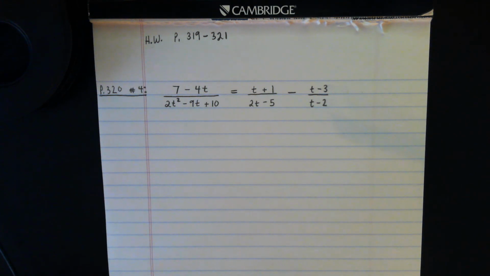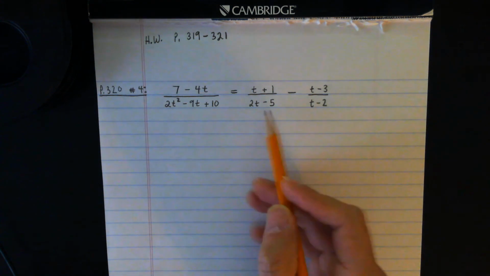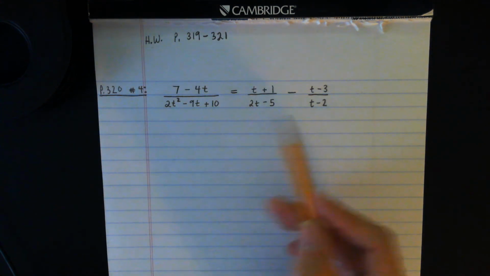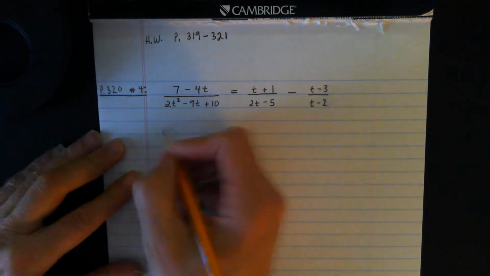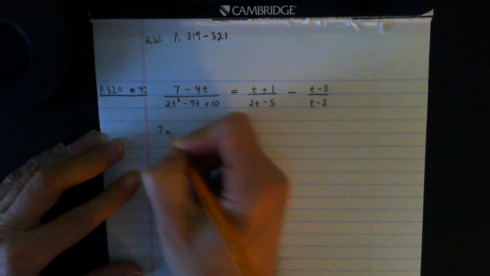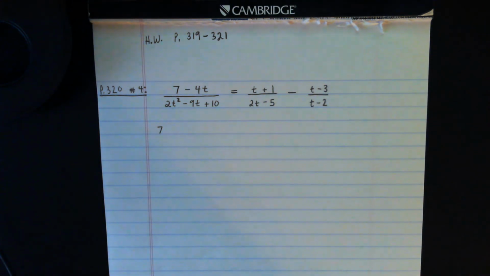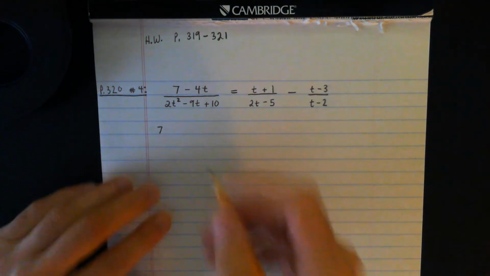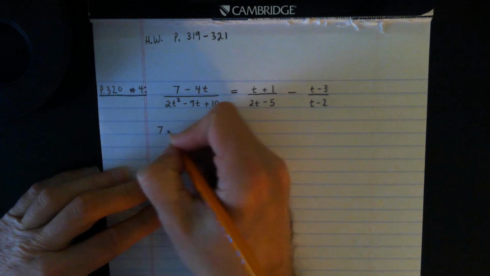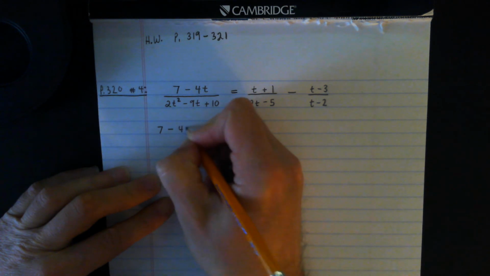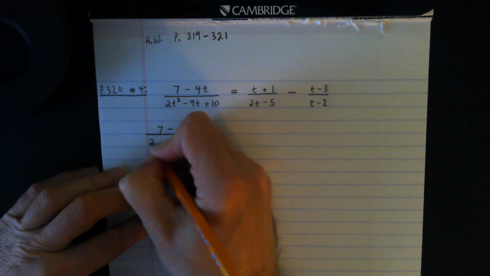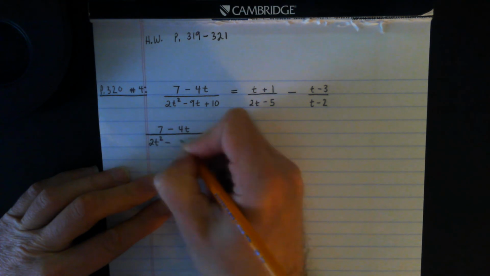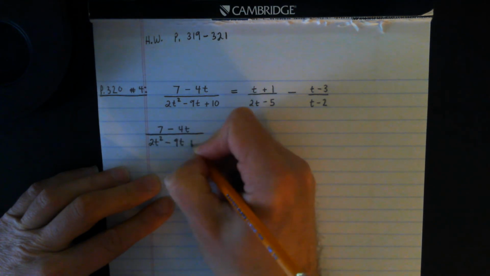So again, the first thing we want to do is just set the equation equal to 0. So I'm going to minus this to that side, and I'm going to add this to that side to get everything on one side, which gives us this. I've got 7 minus 4t all over 2t squared minus 9t plus 10.